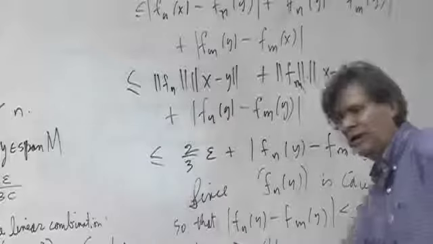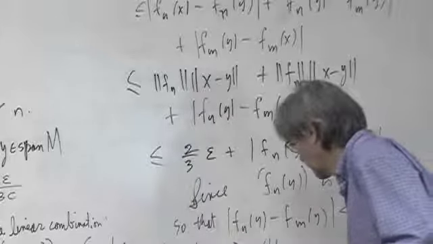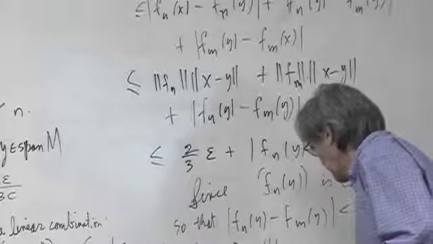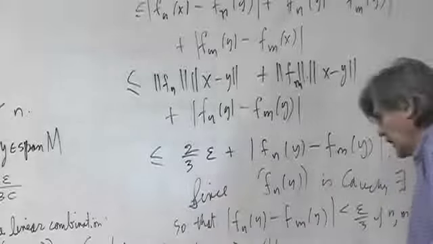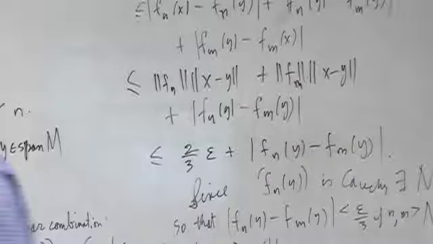So Fn of x is Cauchy in the scalar field. The x was fixed.